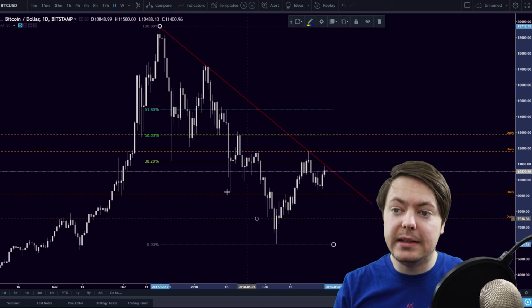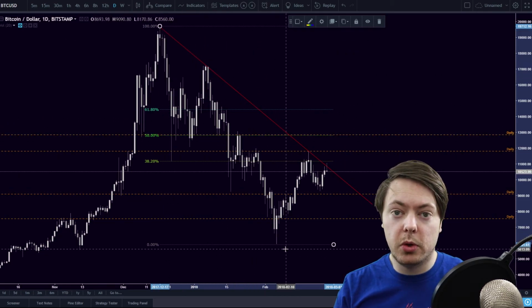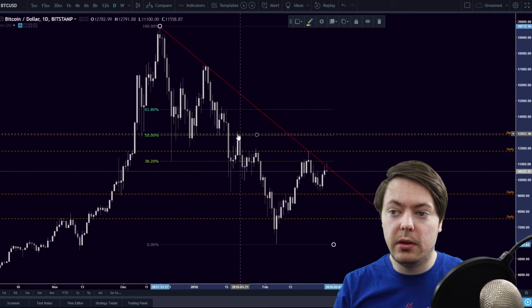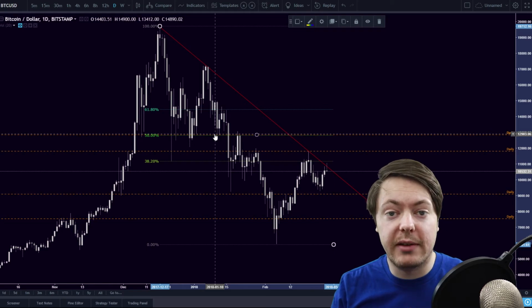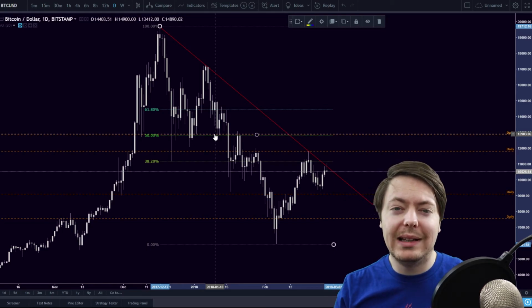And what we can see is that the 50% fib for this whole downward move lines up almost perfectly with this support resistance level that we've drawn on. So what that tells us very quickly is that that's an area that we're going to want to keep an eye on. It may be an area that we find a lot of congestion.